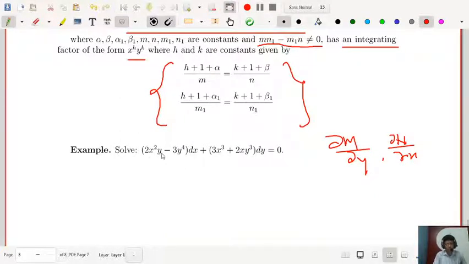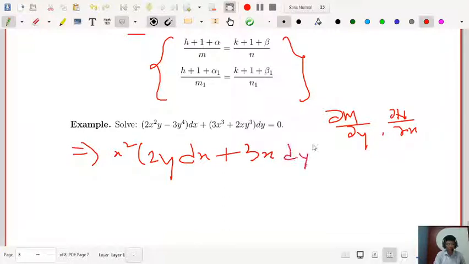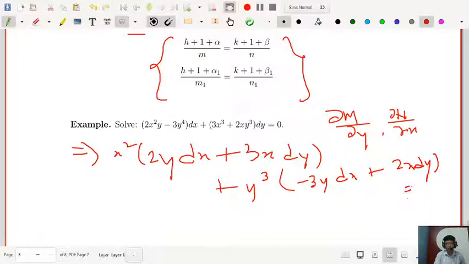This is not in rule 4 form, but you can write the equation in the form x square into (2y dx plus 3x dy) plus (y cube minus 3y dx plus 2x dy) equal to 0.